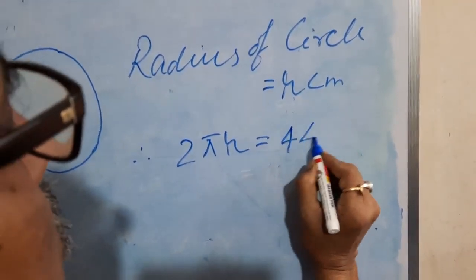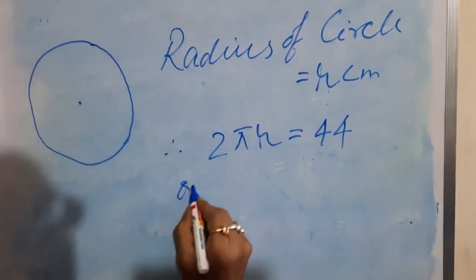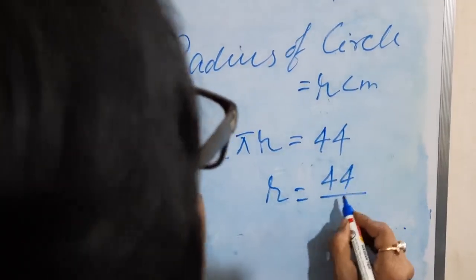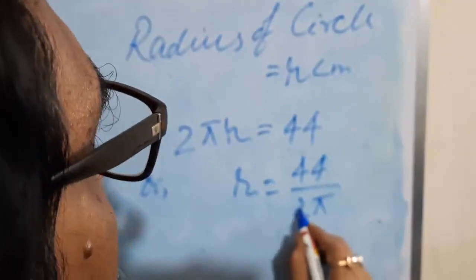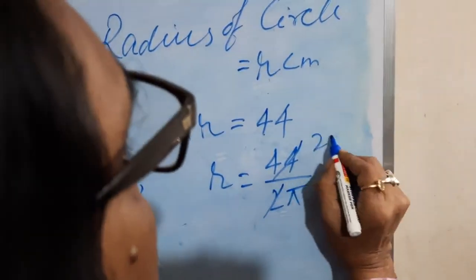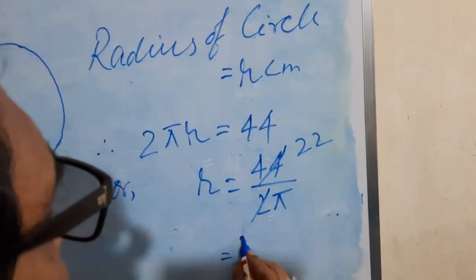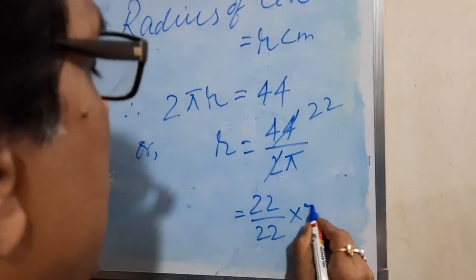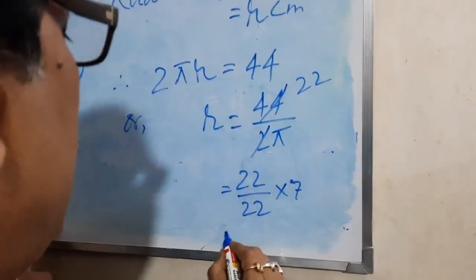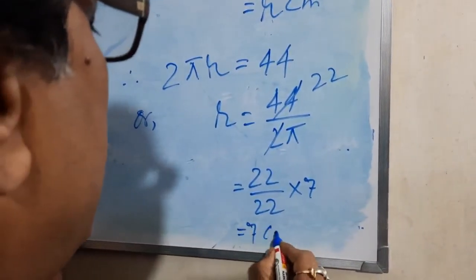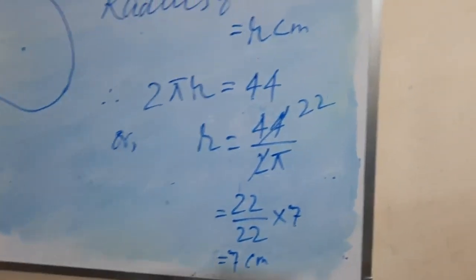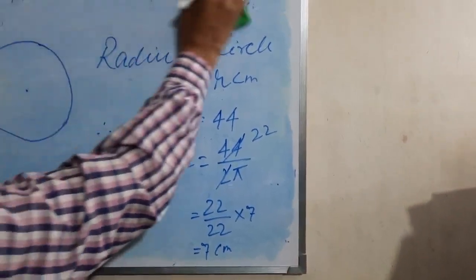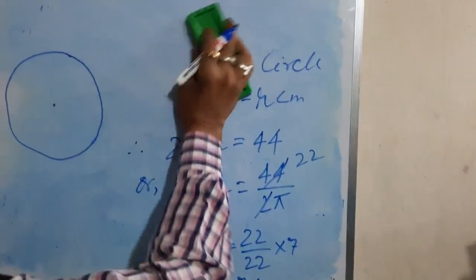So 44 equals 2 pi r, or r is equal to 44 divided by 2 pi. So radius of the circle is equal to 7 centimeters.